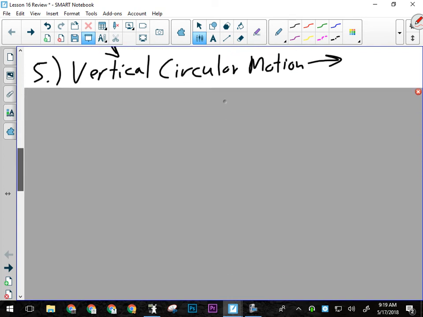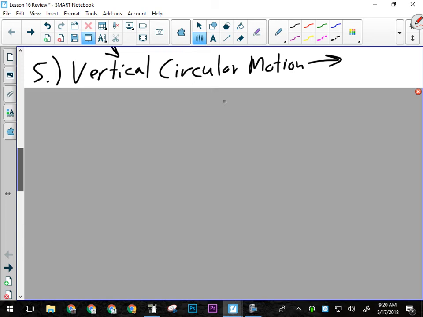Now, what's different about vertical circular motion than uniform circular motion? At some points, the object moves faster than other points. In uniform circular motion, the speed is constant.